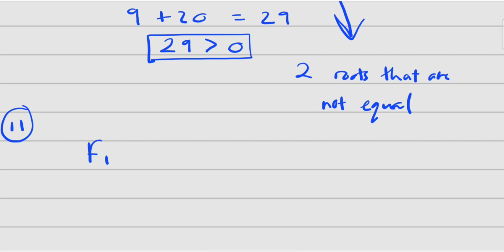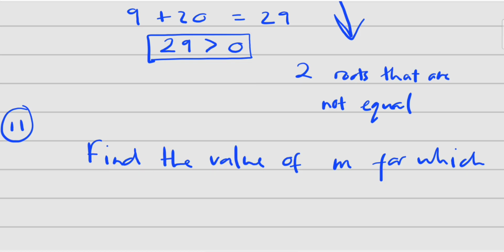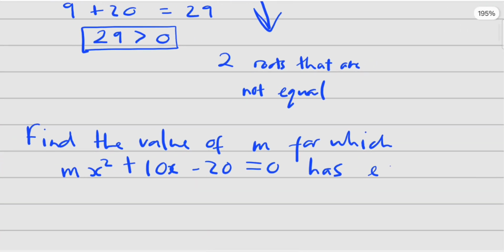Says find the value of m for which mx squared plus 10x minus 20 equals to 0 has equal roots.